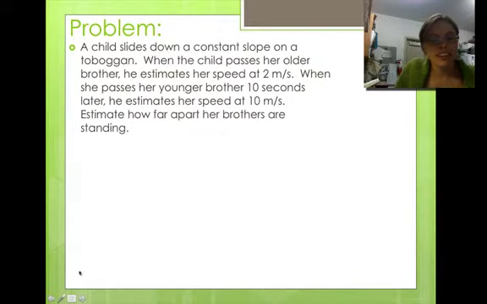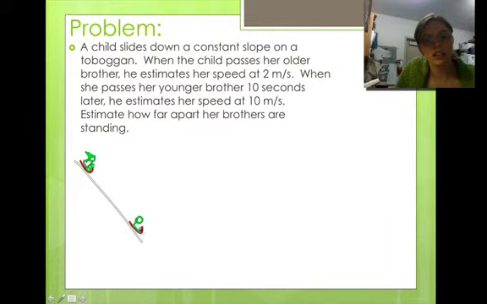Now, let's see. So let's draw a picture of what's going on. So here's a slope. I'll get a toboggan here, which is usually those fancy red sleds. Draw the little girl. There's a little girl.